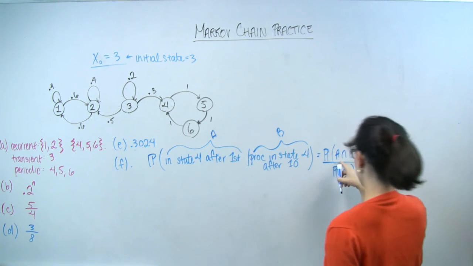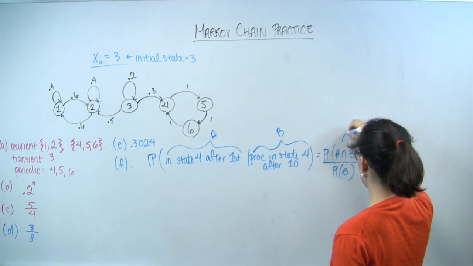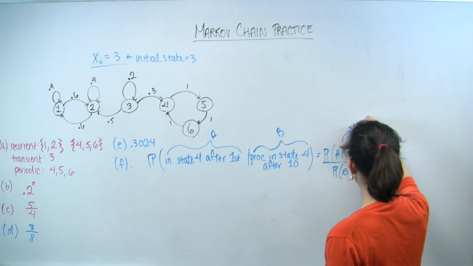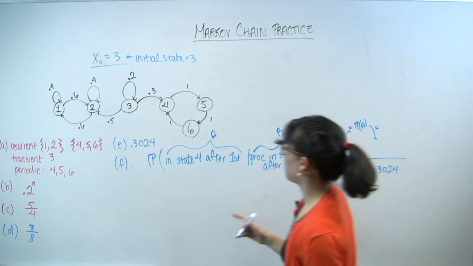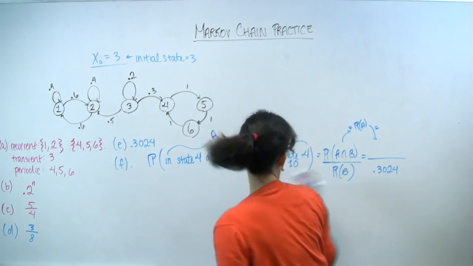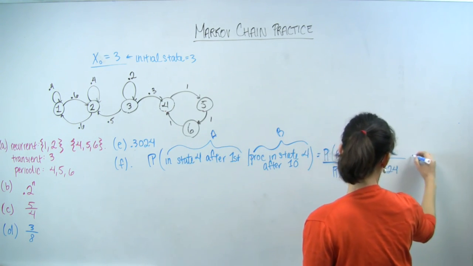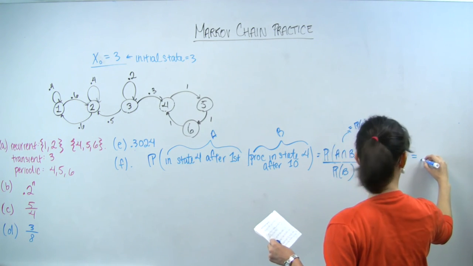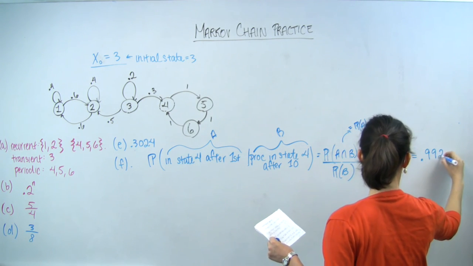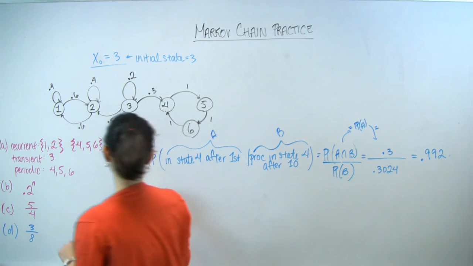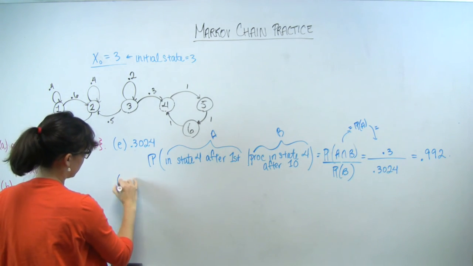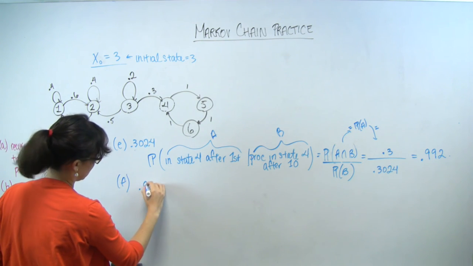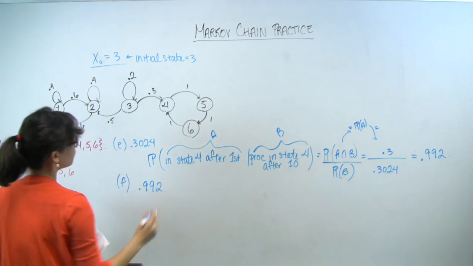So this probability is actually simply equal to P of A, and P of A is equal to 0.3. So this is 0.3. And if you do that arithmetic, you get 0.992. And so that actually wasn't too painful. We are now done with this problem, 0.992.